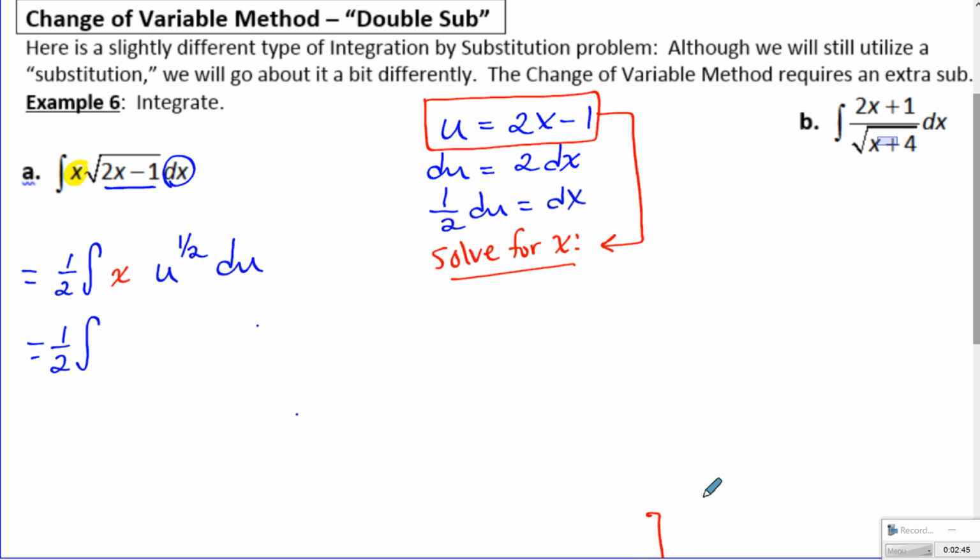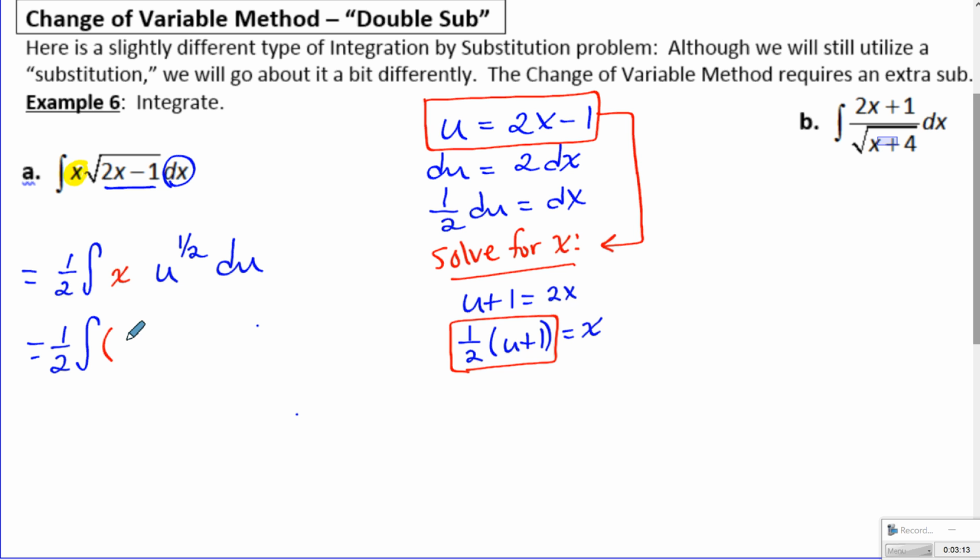How do you erase that? There we go. All righty, so let's solve for x. That means I'd have u plus 1 equals 2x, or 1/2 u plus 1 equals our x. Now I have a value that I can put in place of x, and that's what we're going to do.